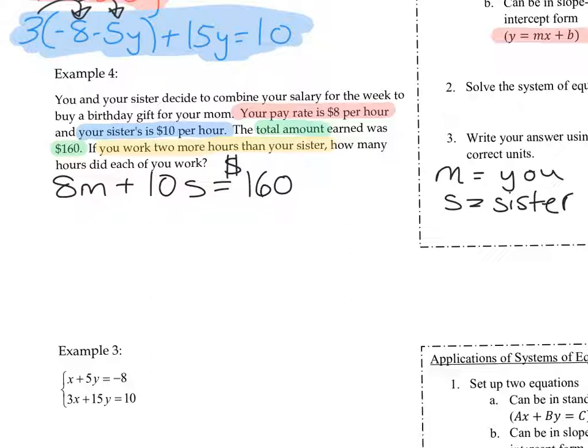Now, it goes on to say that the total amount earned was 160, but if you work 2 more hours than your sister, how many hours did each of you work? So the total hours, M, is 2 plus S, because you worked 2 more hours than she did.